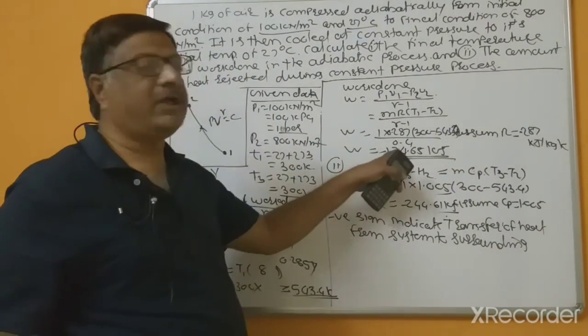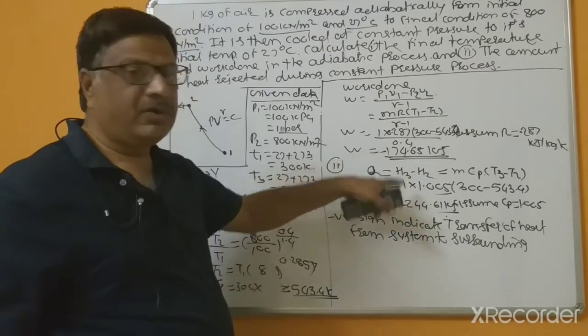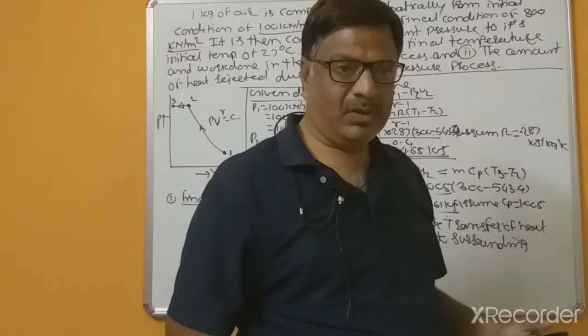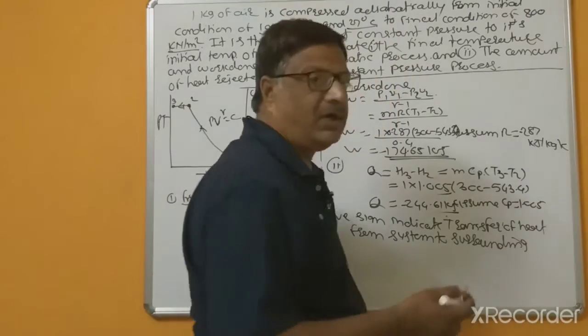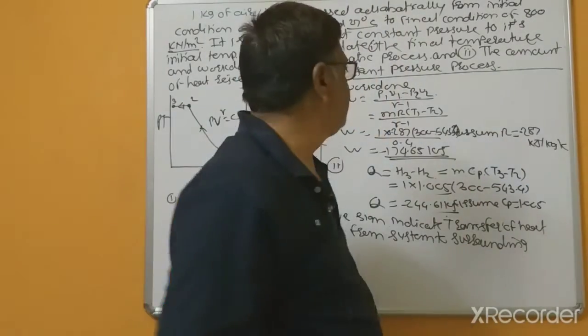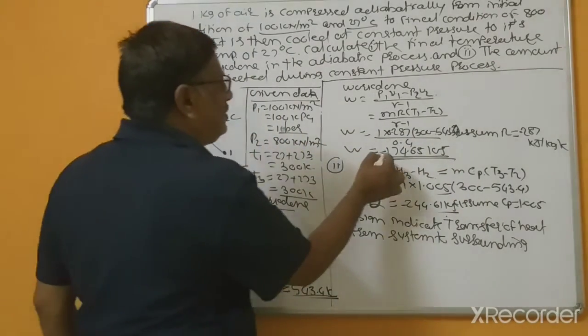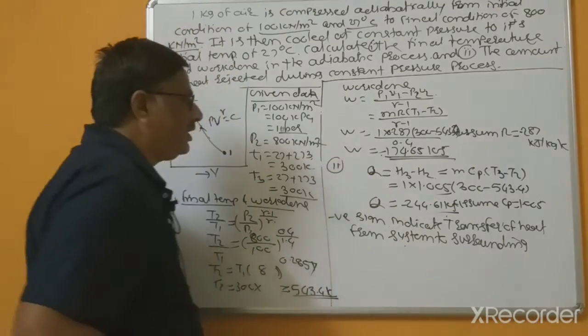And the negative sign in the work done means work is done by the surroundings on the system, not work done by the system on the surroundings. So this is negative because the air is compressed, and this is also negative.